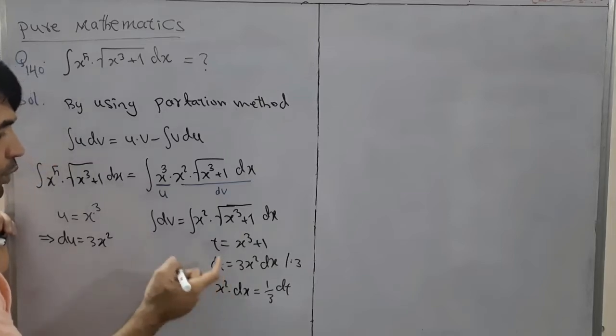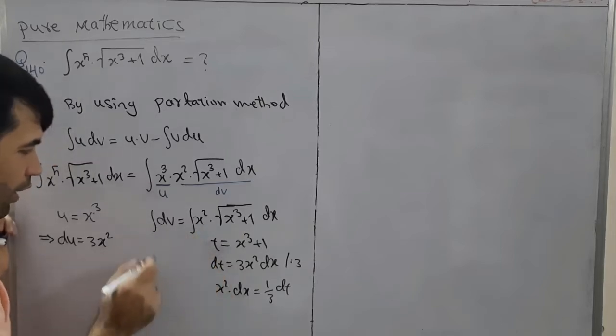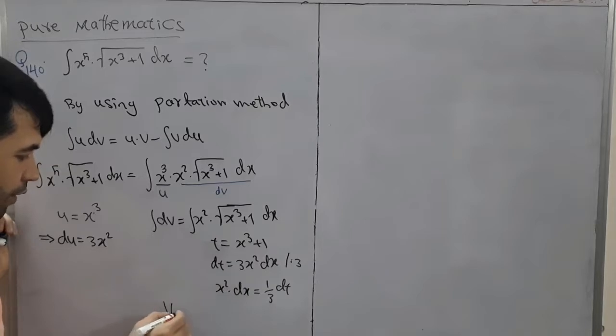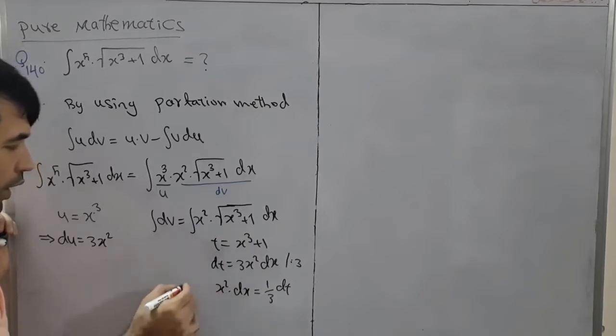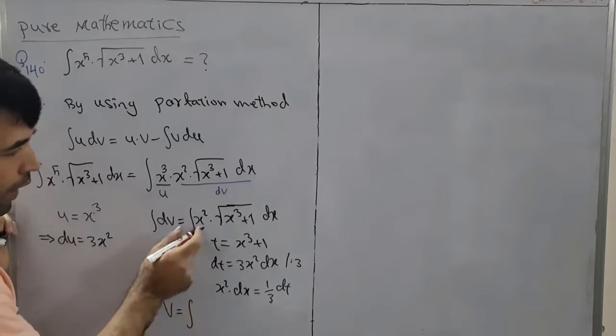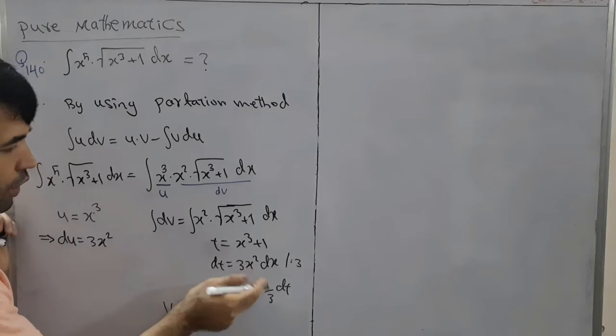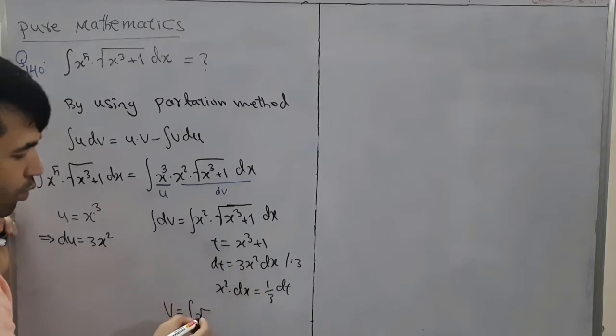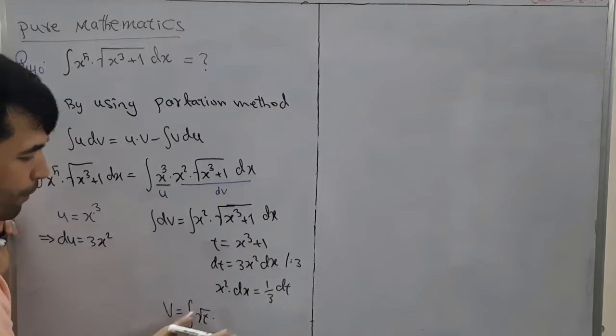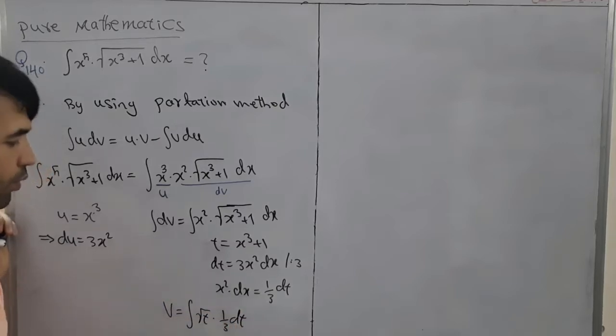Now we want to put this value here. The integral of dv is v is equal to, instead of x square multiplied by dx, 1 over 3 dt. Actually it is the square root of t into 1 over 3 dt.